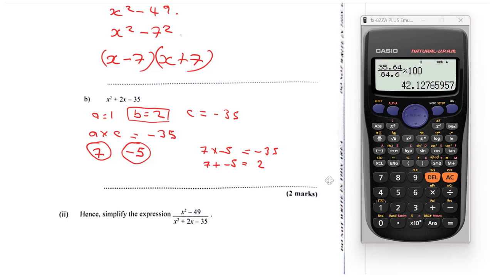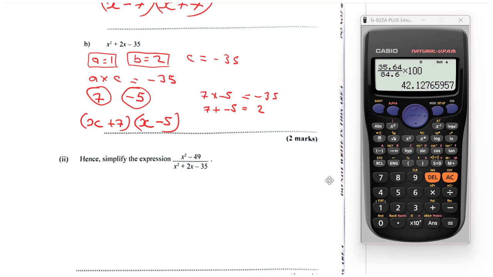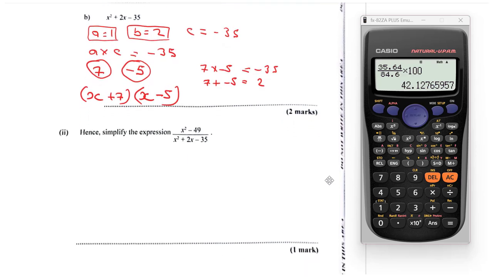So these are our 2 factors. When we factorize this, because the coefficient of x squared is 1, we can just simply put x plus 7 and x minus 5. So once a is equal to 1, once we find our 2 factors, we can simply put the result of the factorization.